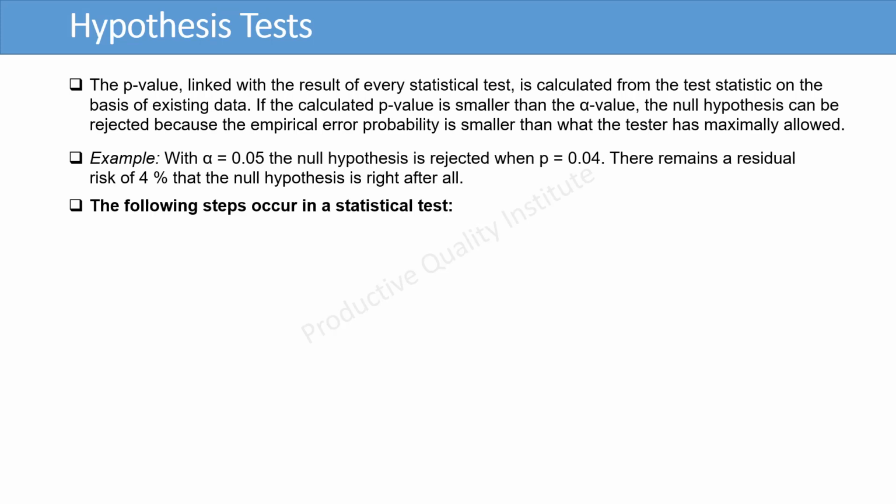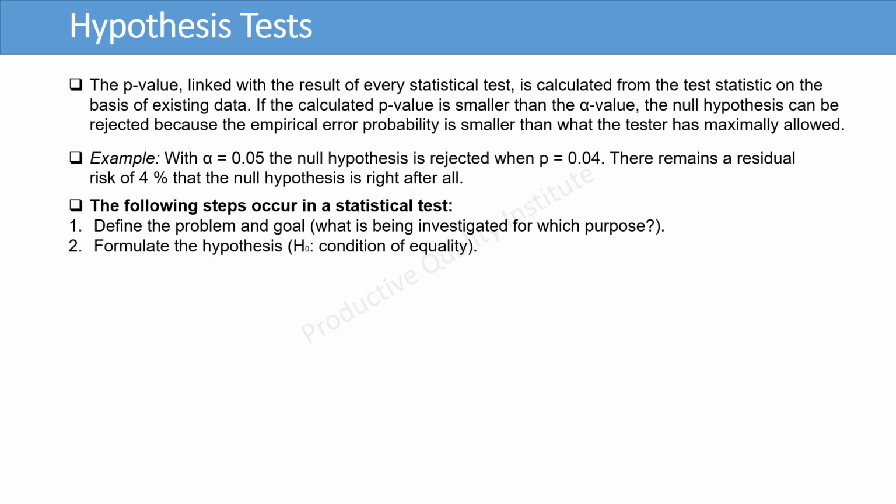The following steps occur in a statistical test. Define the problem and goal: what is being investigated, for which purpose. Formulate the hypothesis, H0, condition of equality. Set the significance level alpha, as a rule alpha equal to 0.05, or alpha equal to 0.01.